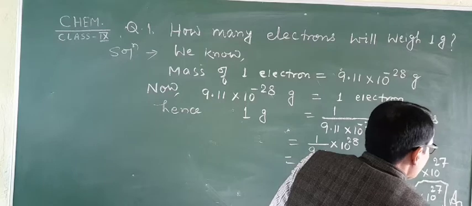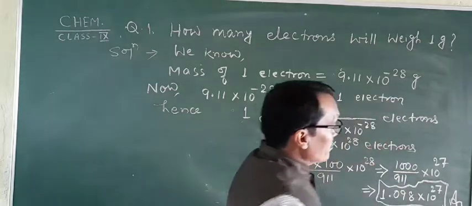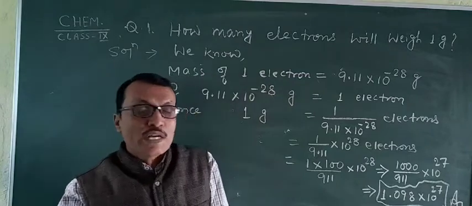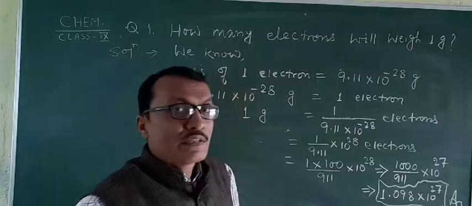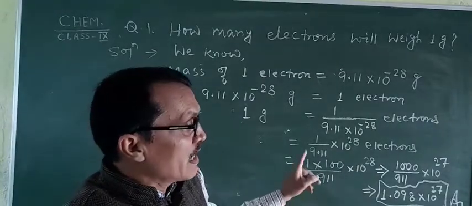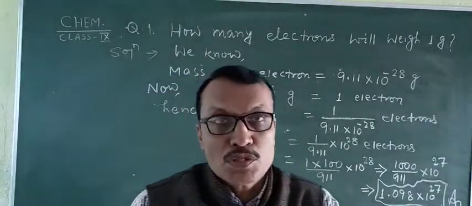So students, in 1 gram the number of electrons will be 1.098 multiplied 10 to the power 27, and this is the answer of these questions.